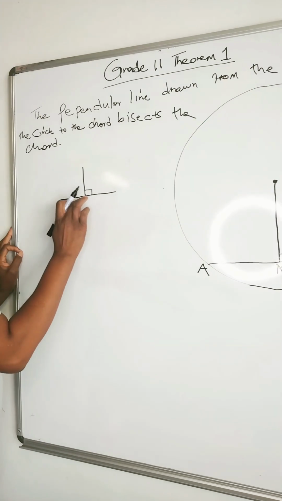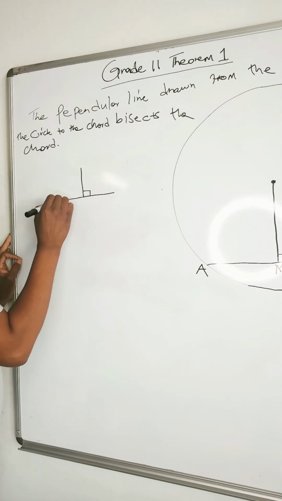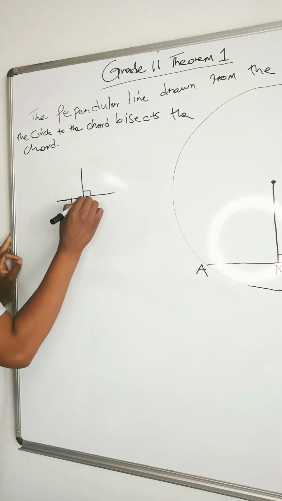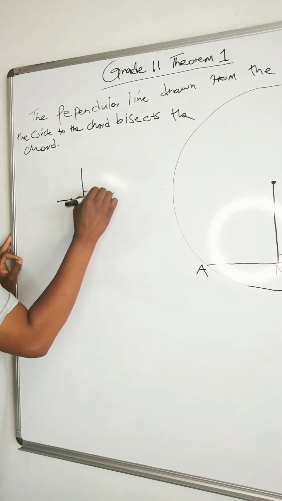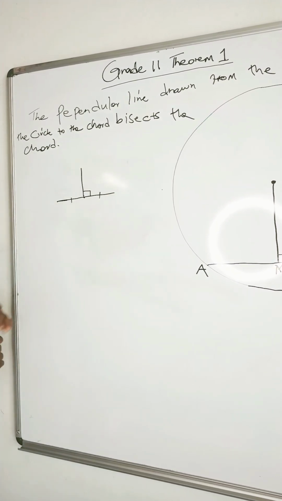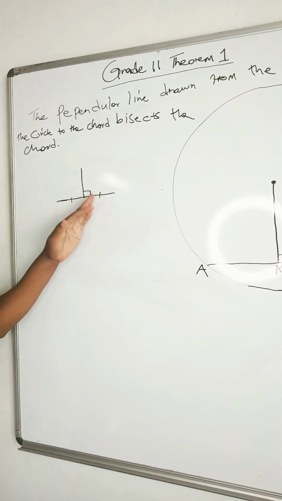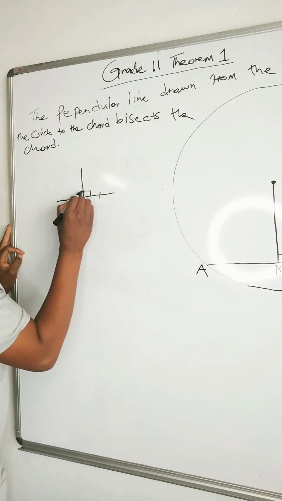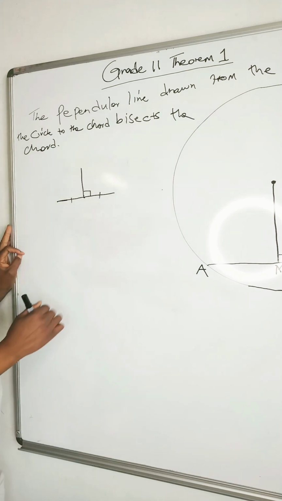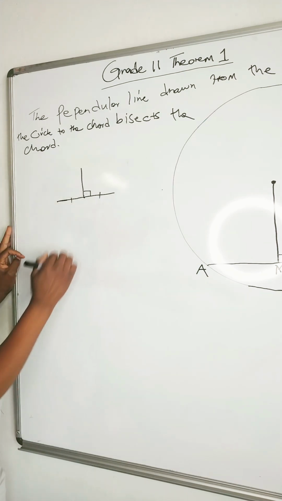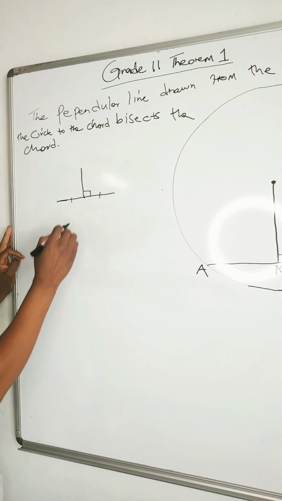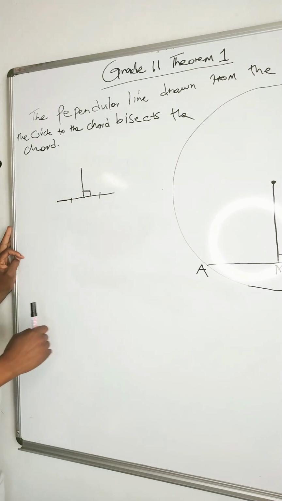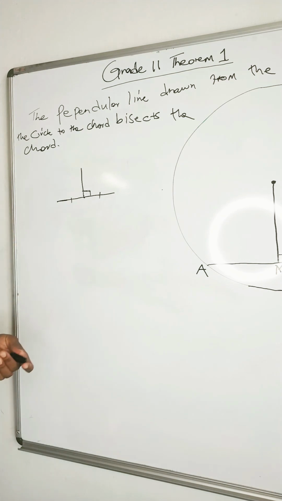But now, if it says it bisects, it means this part from here to here is equal to this part from here to here. It breaks its line into two equal parts. Now, the meaning of perpendicular, it means it's a right angle here, meaning that this angle is 90 degrees. Okay? Alright.